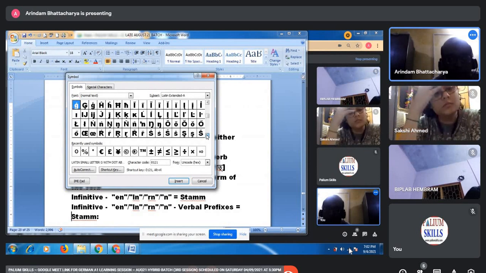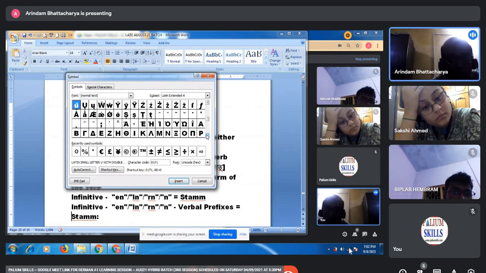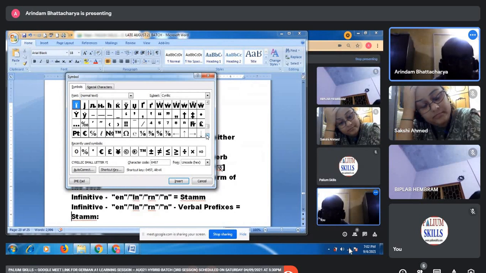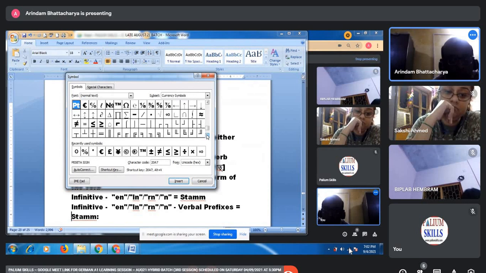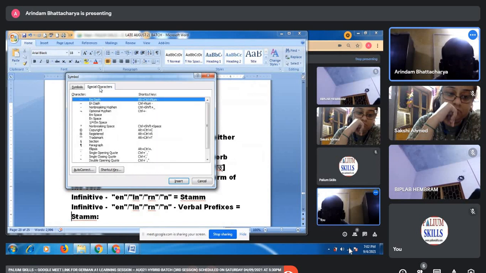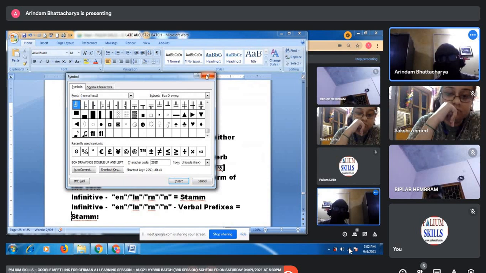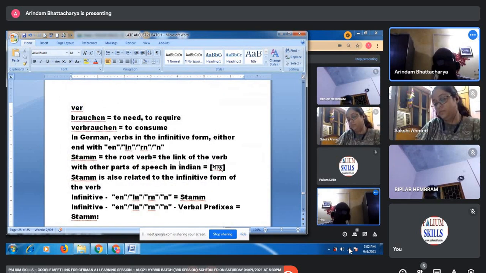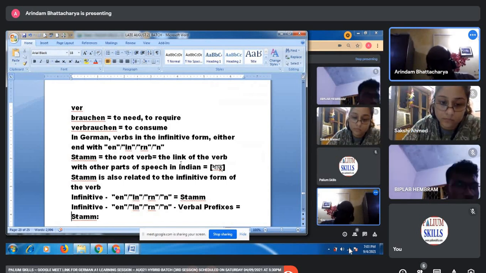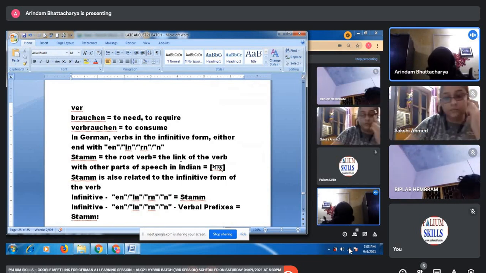I don't have the Hindi script here. However, the mathematical underroot sign, and within it we write kuru or whatever the dhatu is.